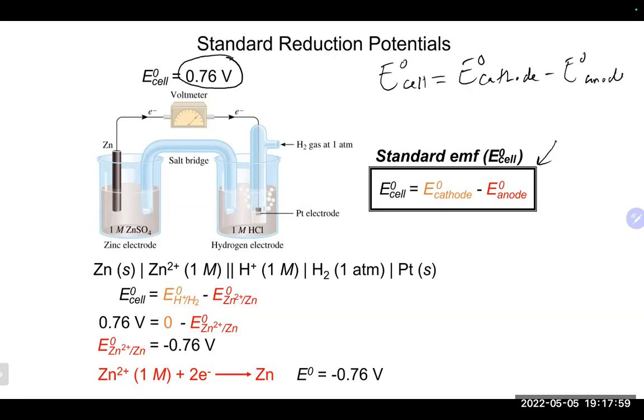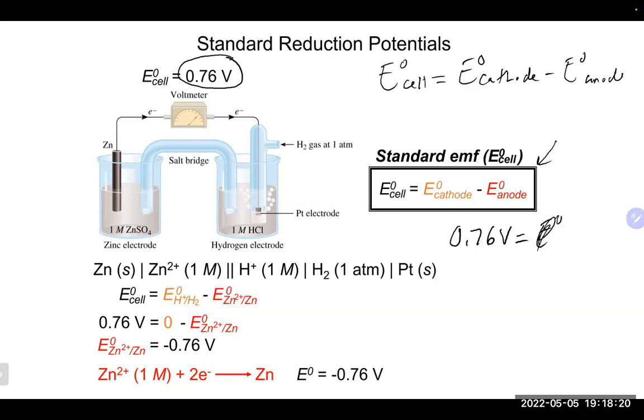In this particular case, our hydrogen is the cathode, and our anode is the zinc, which means the cell voltage was 0.76, and the E of our cathode, which was our hydrogen, was 0.